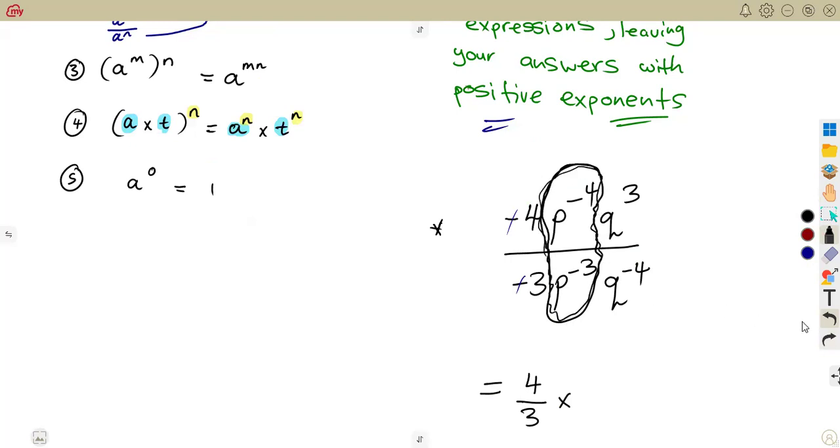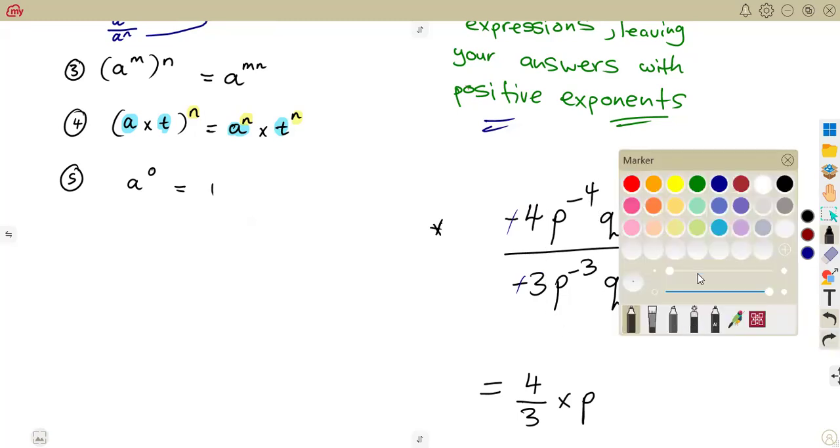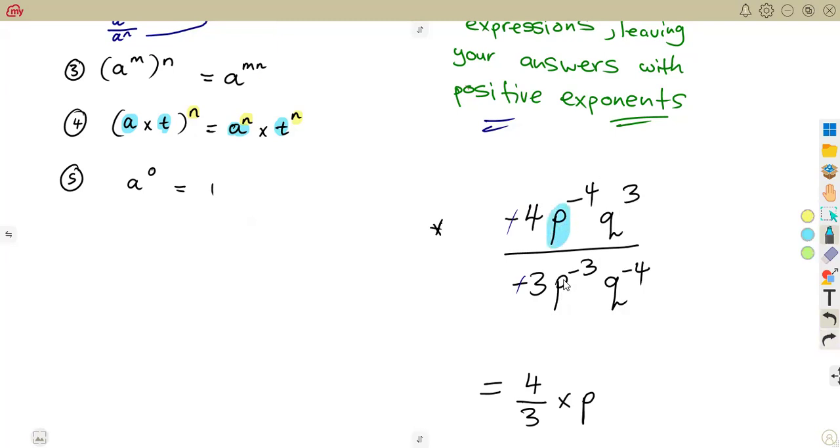P to the exponent of -4 divided by p to the exponent of -3. So what is it that you're going to do under a division of the same base? The base is the same. This is p. You are dividing.